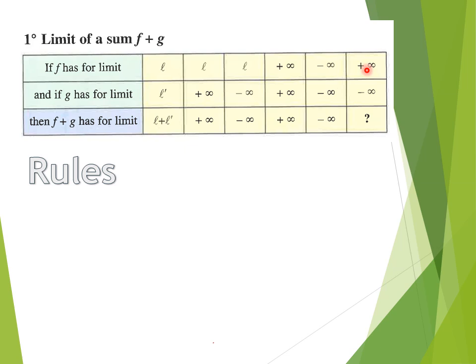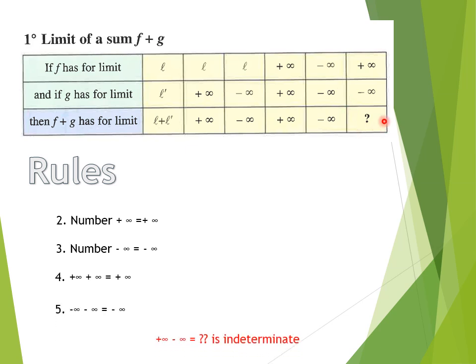A number plus infinity is plus infinity, a number minus infinity is minus infinity, as we said, but plus infinity minus infinity is indeterminate. We can't tell its value because they are not the same to cross them out, and I don't know which one is bigger to take its sign. So it's an indeterminate case.